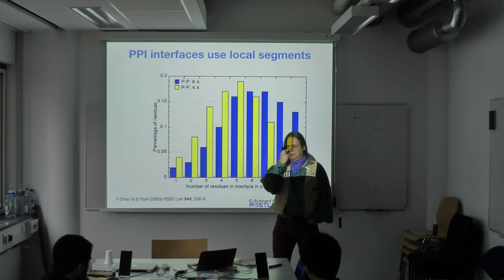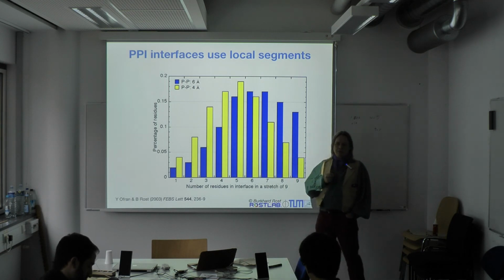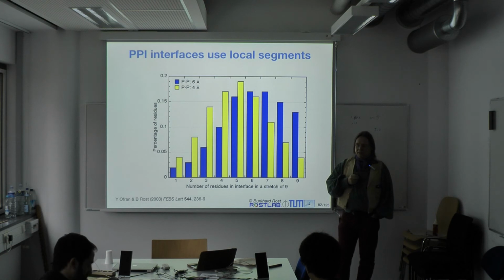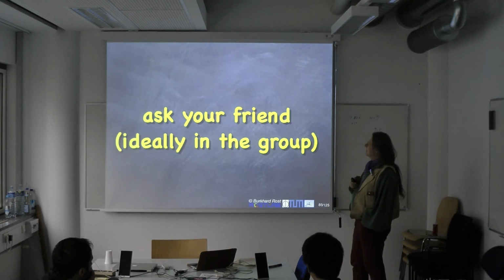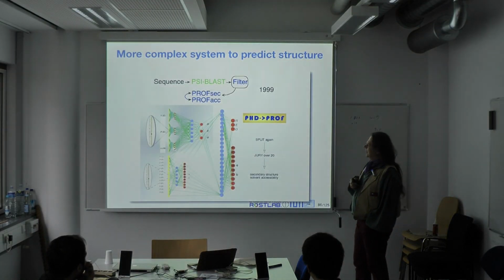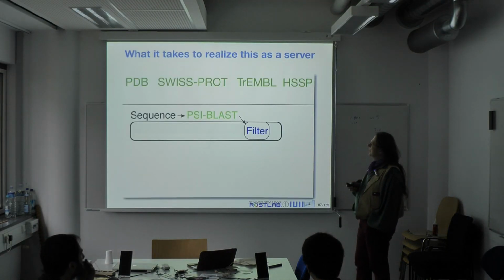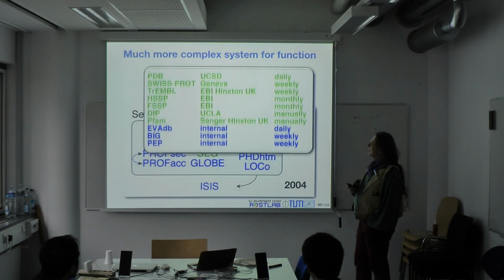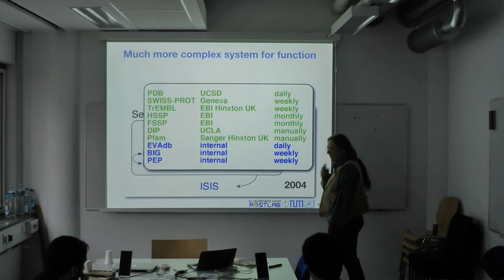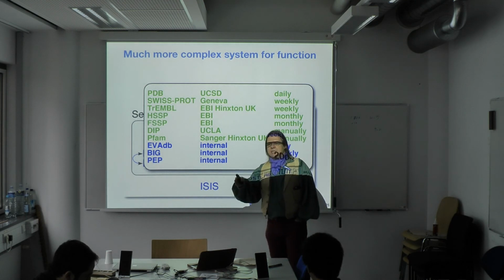But here's another aspect that is more for those who attended my last lecture on structure: evolutionary information. Residues that are conserved are more likely to be relevant for binding than residues that are not conserved in the family. When we look at an alignment, there are regions that are conserved.